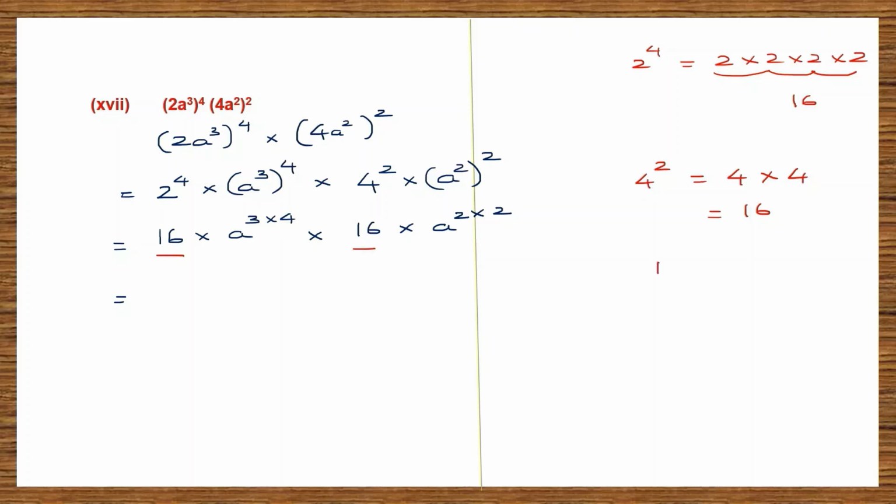So let's multiply 16 into 16. 6 6s are 36, carry 3. 6 1s are 6, 7, 8, 9. Then we have 6 and 1. Let's add this up. 9 plus 6 is 15, carry 1. 1 plus 1 is 2. So our number is 256 into a to the power of, now 3 4s are 12.